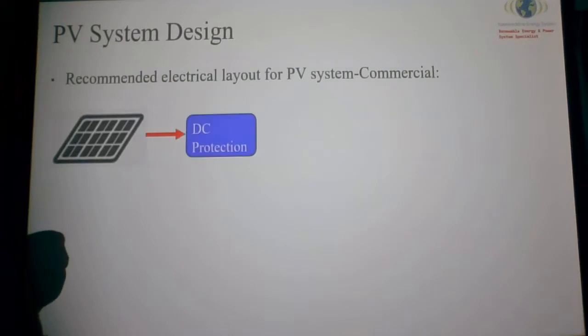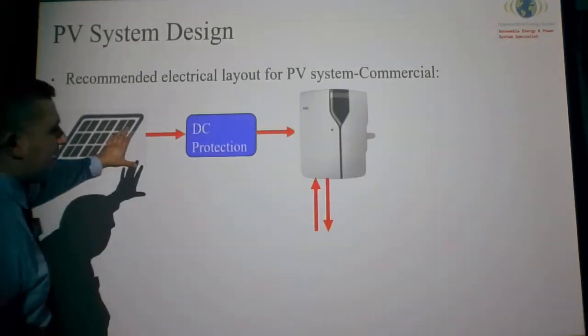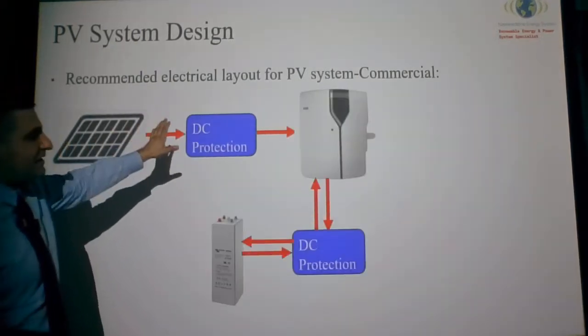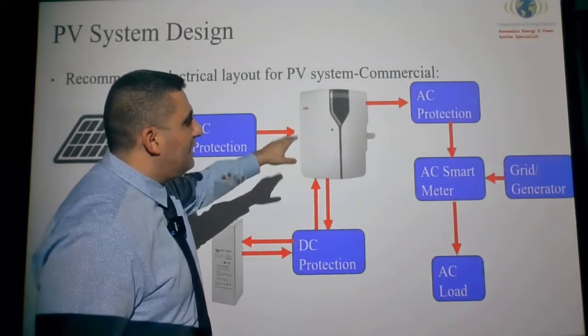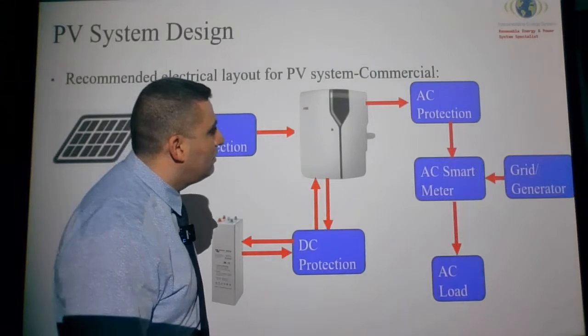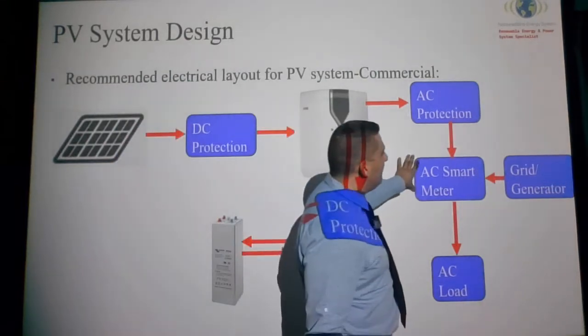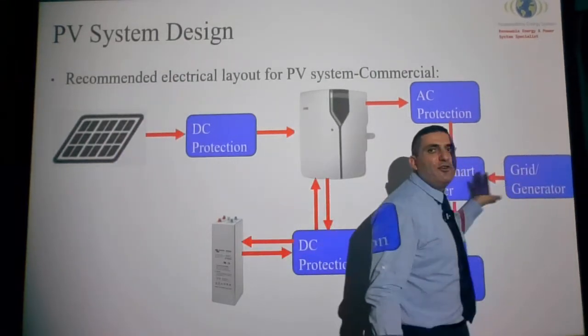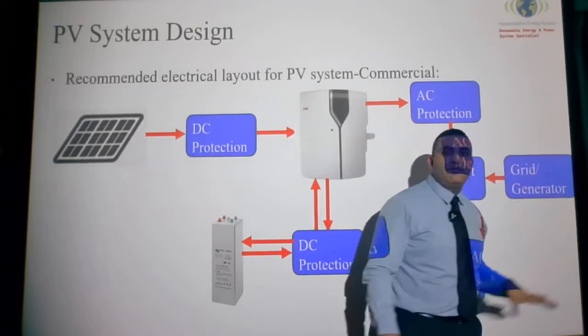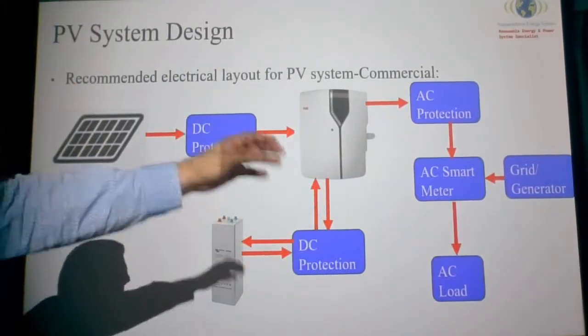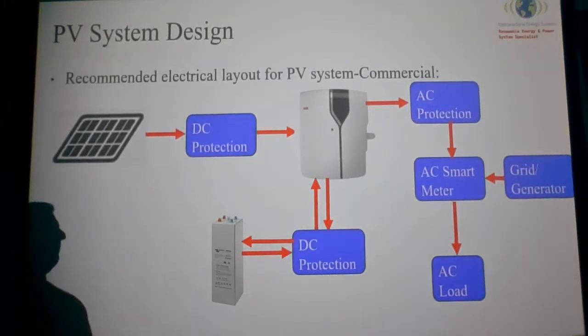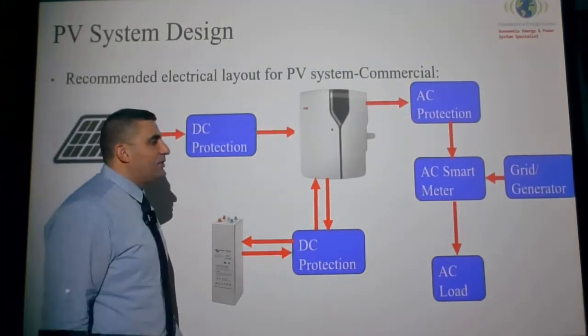Now, for a commercial system, we'll use the same protection from a DC point of view. The additional item that needs to be introduced is your smart meter for grid and generator, if you are injecting or working in parallel with your generator set or grid.